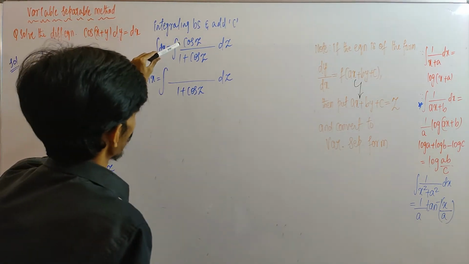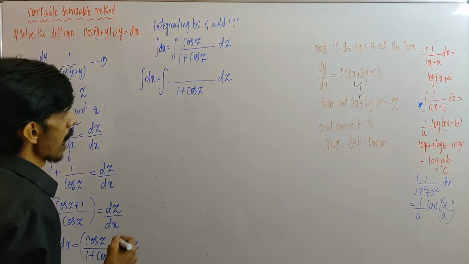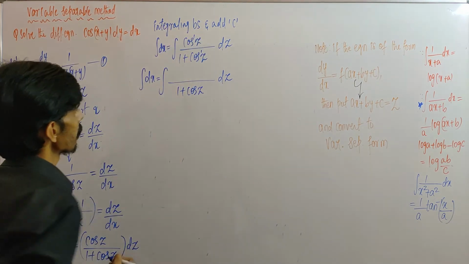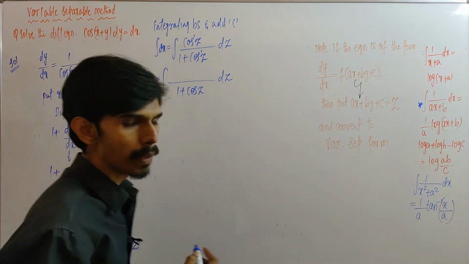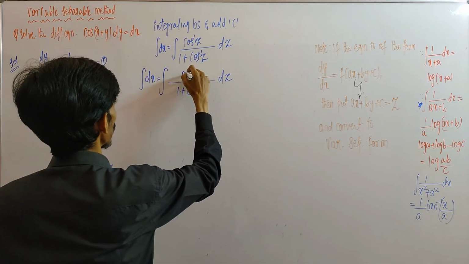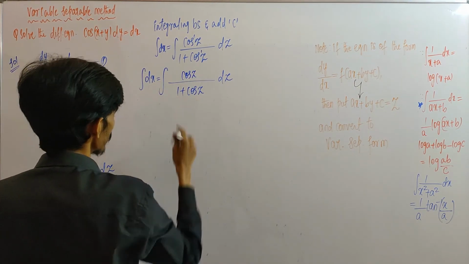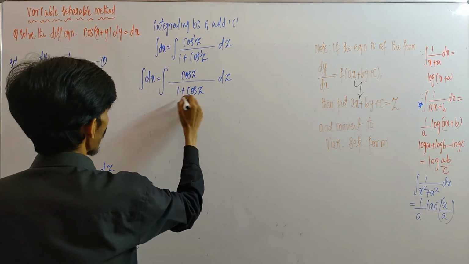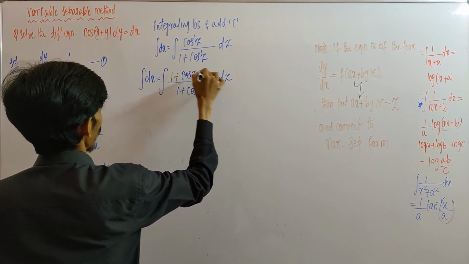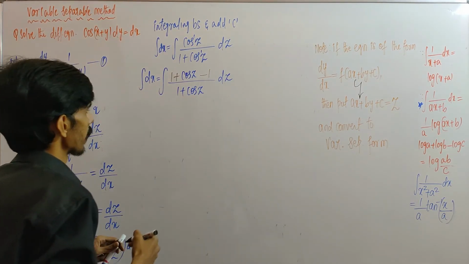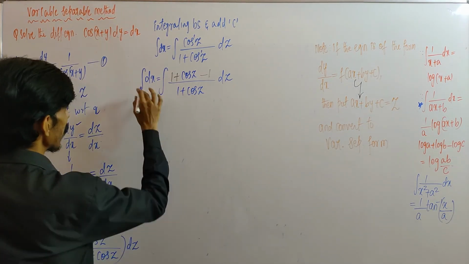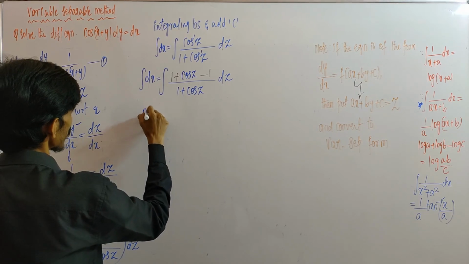Whenever we see both numerator and denominator have the same power, that is cos power of 1, cos power of 1, then we arrange the numerator as that of the denominator. So write down cos z as it is. Here we have 1 plus. So what do you do? Add 1 plus, subtract minus 1 here. So this will become integration dx value is x.